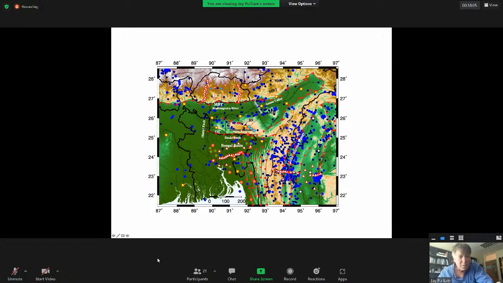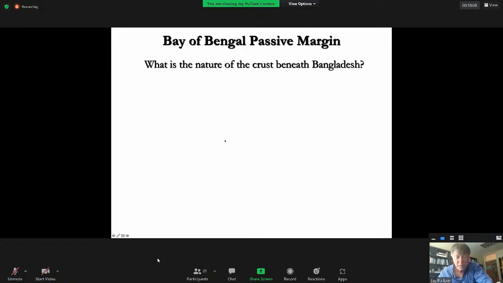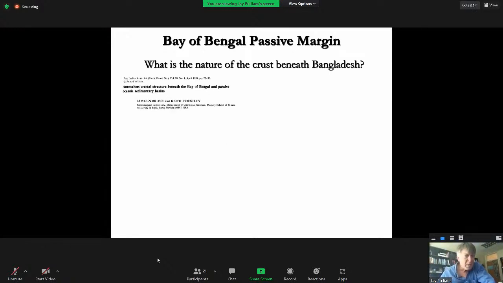The question is why? And so there was a series of papers that came out starting in 2016. Sorry, this is 1989. This is the first suggestion that this northern Bay of Bengal and the crust underneath Bangladesh might be oceanic.